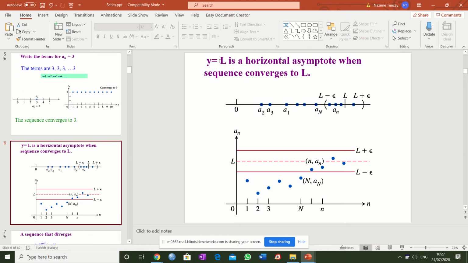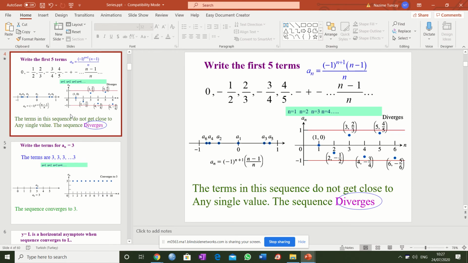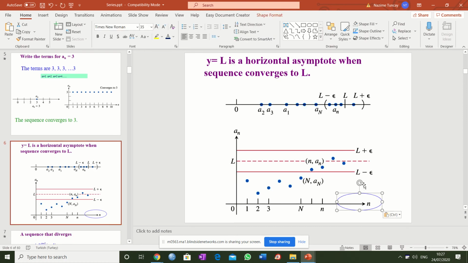So L is a horizontal asymptote when the sequence converges to L. Let us say that we have a sequence that converges to L, this L value here in the middle.